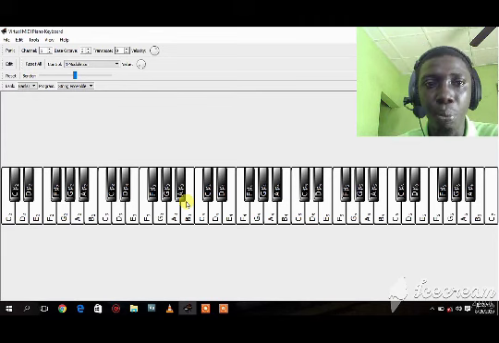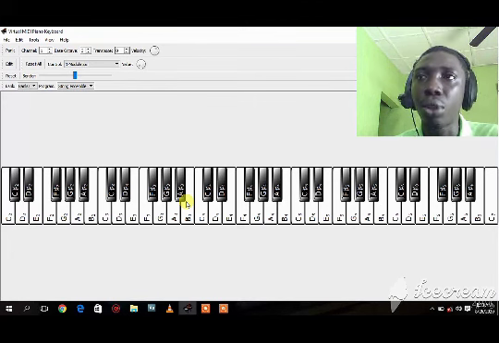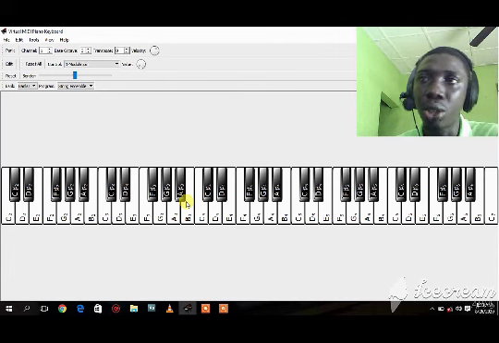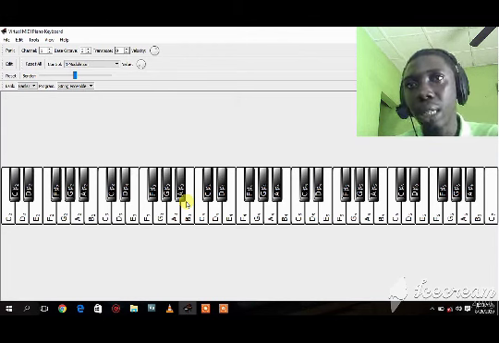If you play these modes over your major chord, they don't sound bad either. They sound nice and they tend to add flavor to it. The Locrian mode is rarely used. It's mostly used when you play diminished chords and the rest, but we'll get into that later.